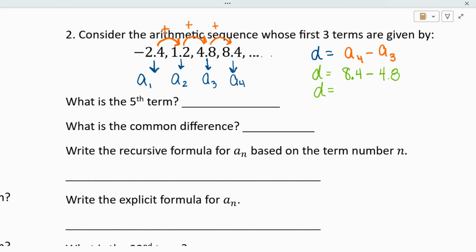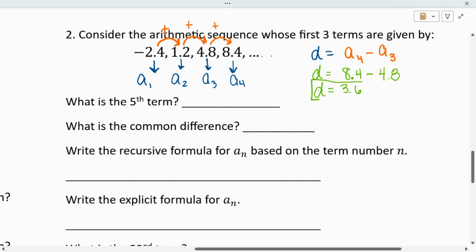What do I get, Lissandro? Pick up your calculator and crunch it out. 3.6.